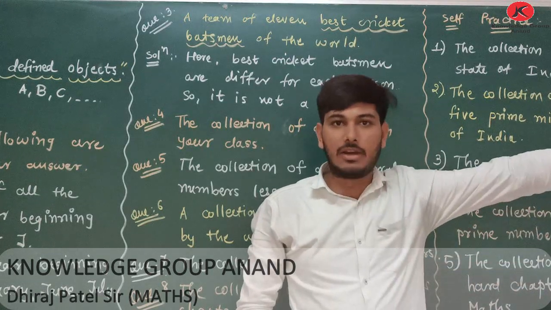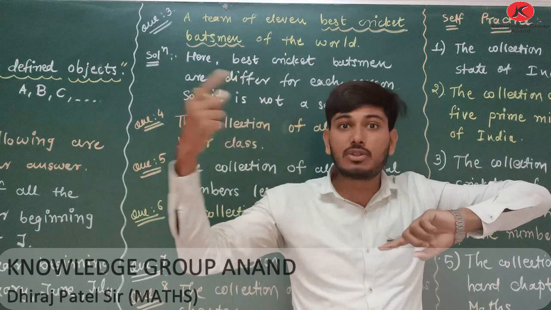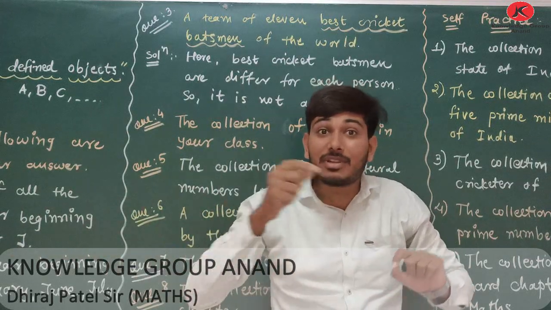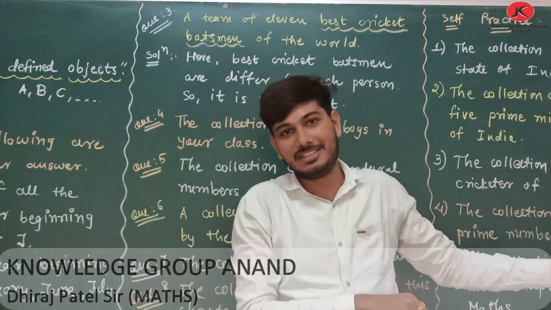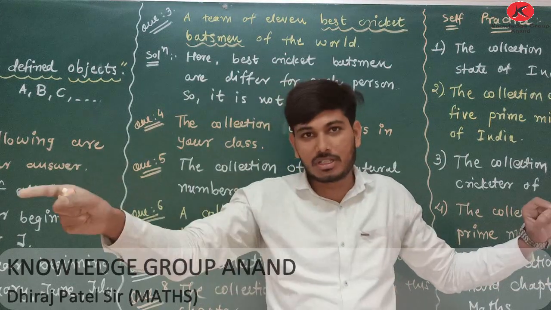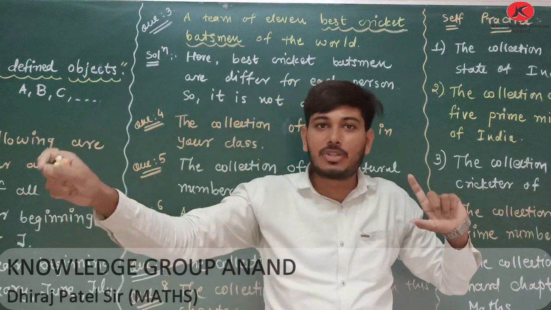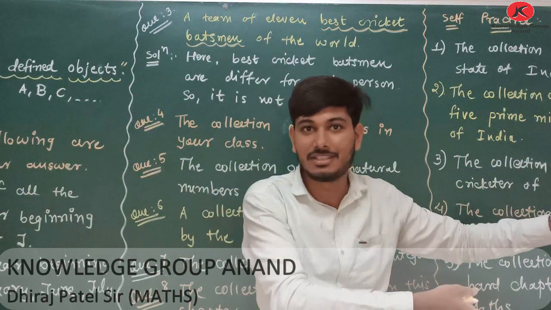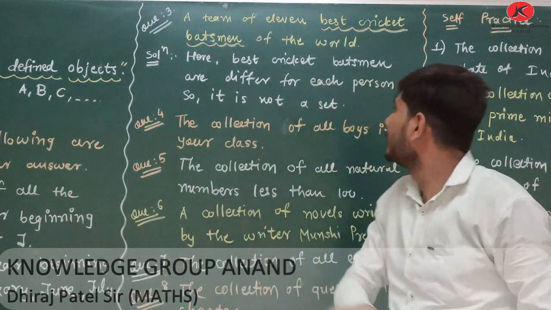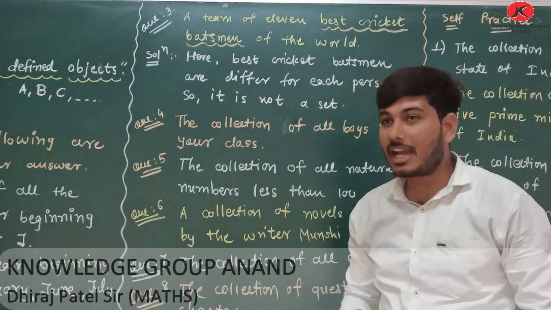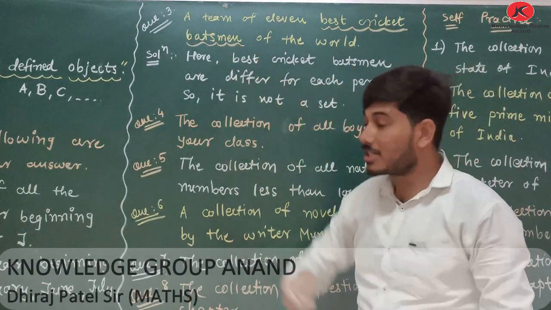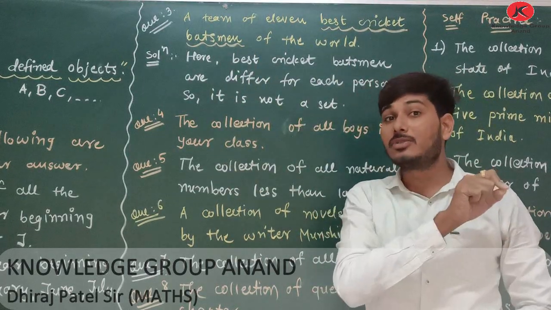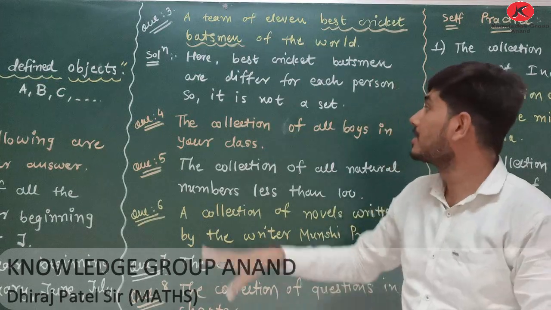They are 11, suppose. According to another person, the answer will not be the same as mine. Therefore, we can say that the best cricket batsmen are different for different people.